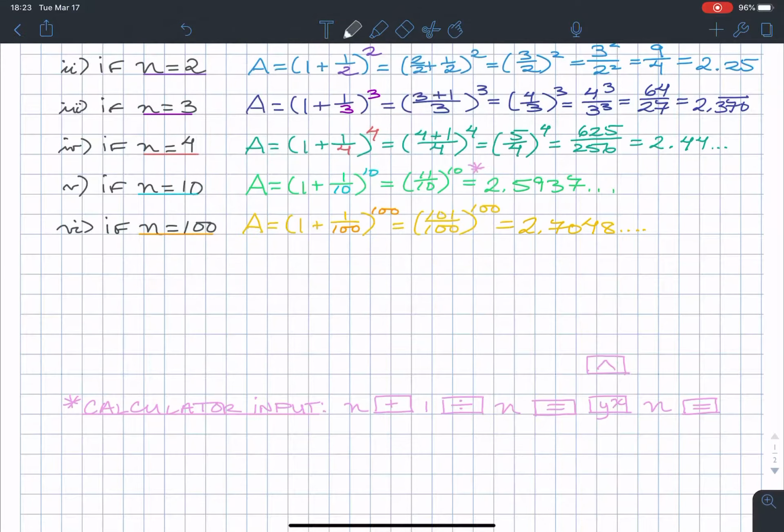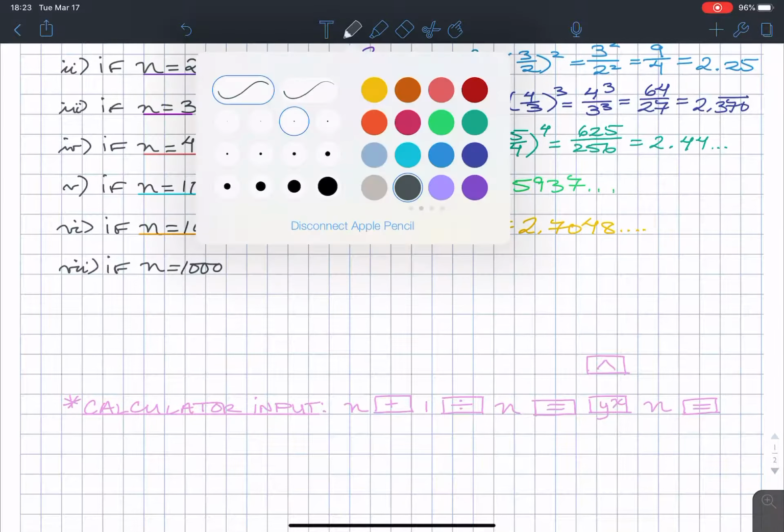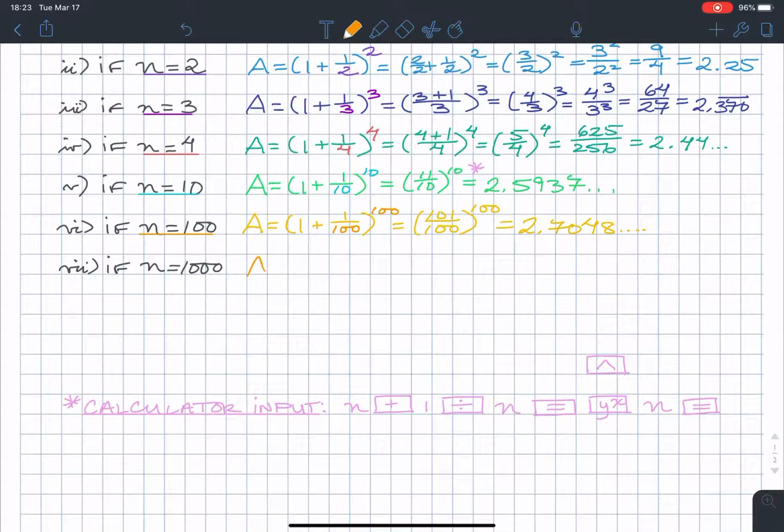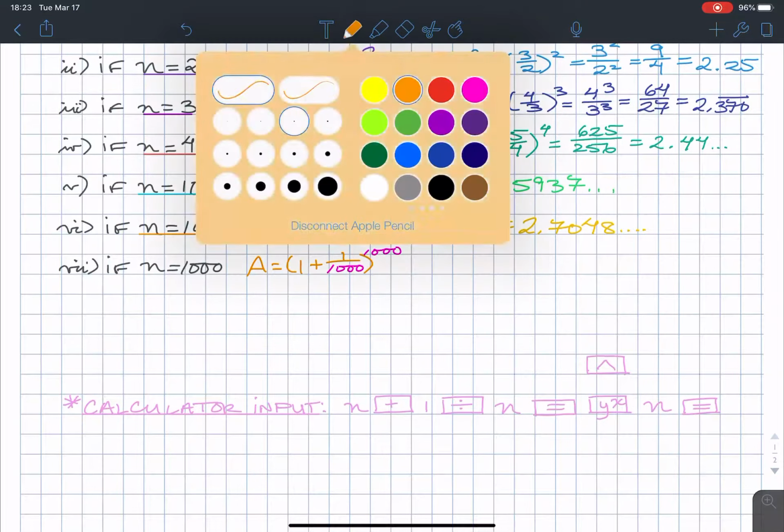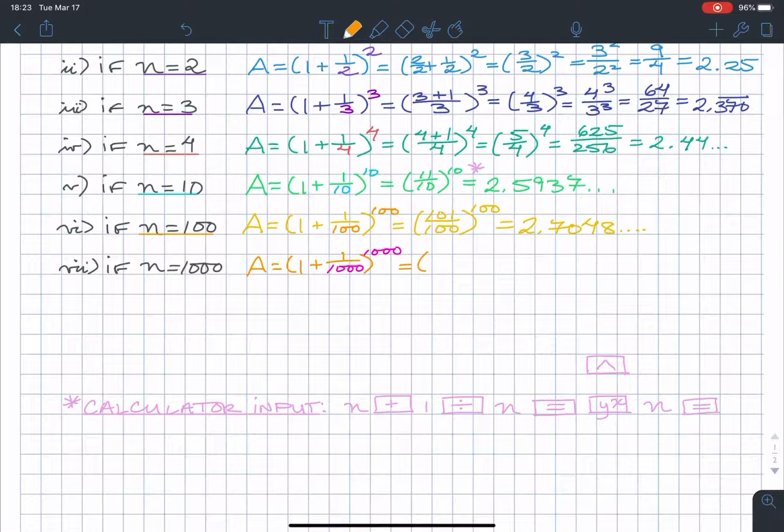So let's do this again. Number 7. Let's say that we're going up to 1,000 now. Let's add another 0. So the amount A will be 1 plus 1 over 1,000, all raised to the 1,000. So what that's going to be is 1,001 divided by 1,000, all raised to the 1,000.